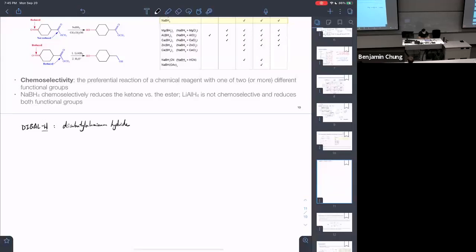The H just refers to that hydride part. Sometimes you'll just see it called DIBAL-H, or the L is lowercase. But essentially the formula looks like that, but it actually exists as a dimer.